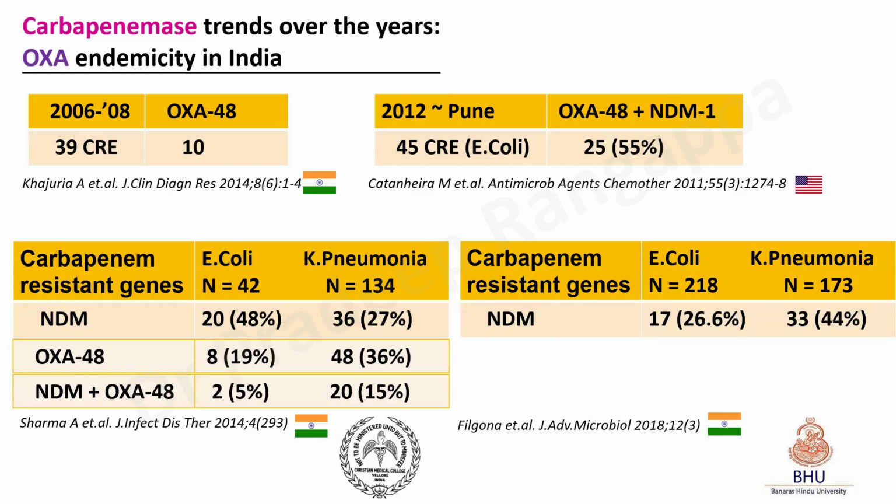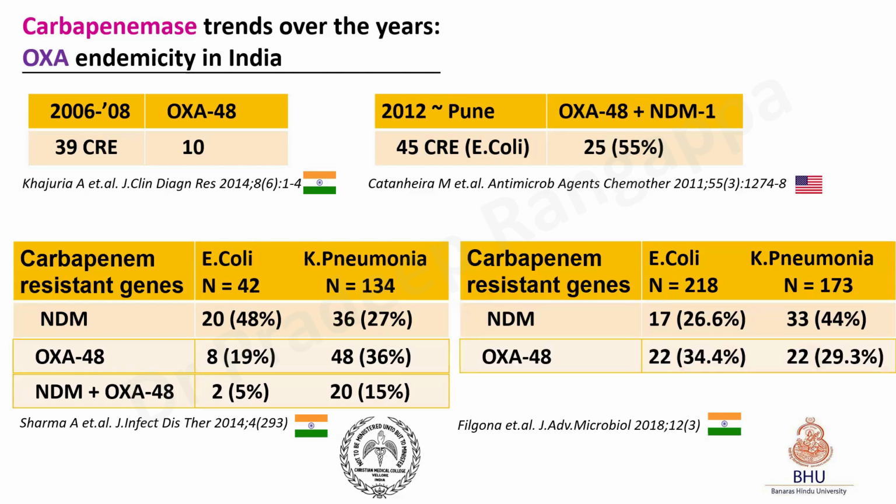NDM was present more in Klebsiella, but in the Vellore study NDM was present more in E. coli. In the Vellore study OXA48 was present more in Klebsiella, but in the BHU study OXA48 was present more in E. coli, and NDM plus OXA was present in the rest of the patients. So this is the sort of Indian data we have. Basically, it tells you that OXA48 coexists with NDM in some section of people, at least around 10 to 15%.